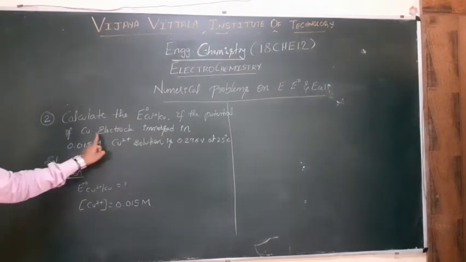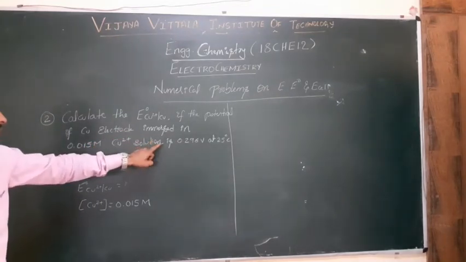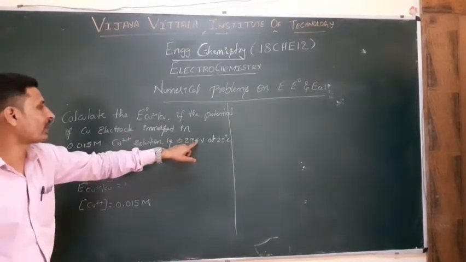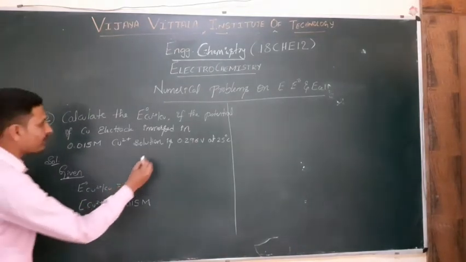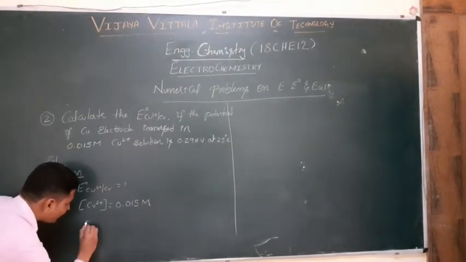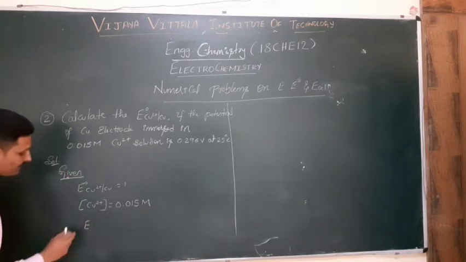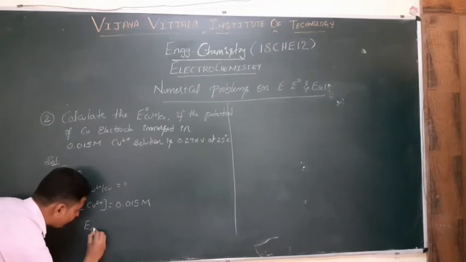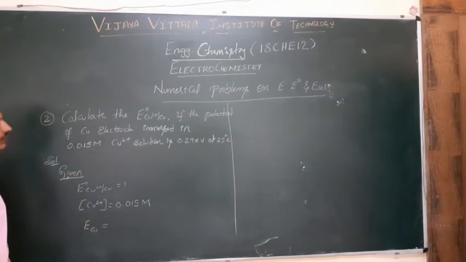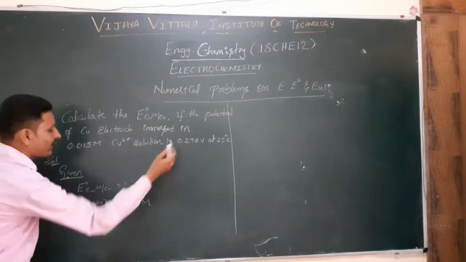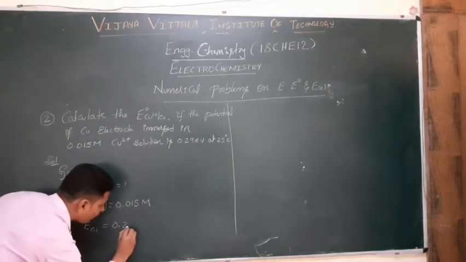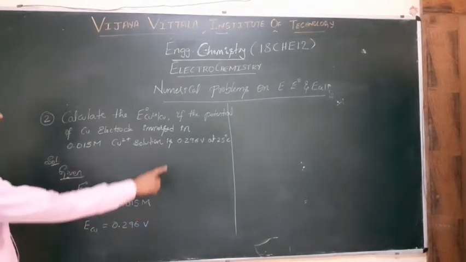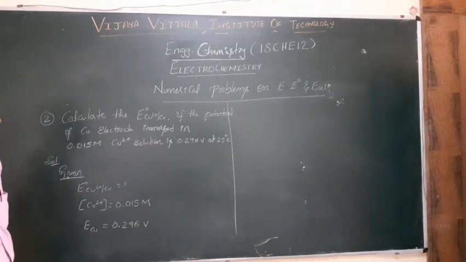Then the electrode potential, which we denote by capital E of the copper electrode, is equal to 0.296 volt at 25 degrees Celsius.